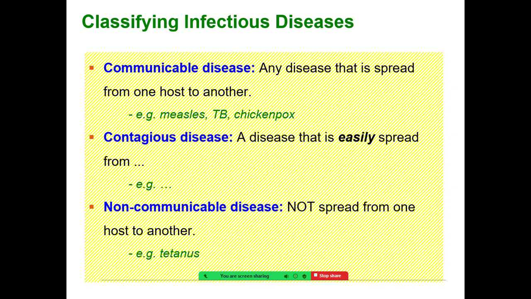Chickenpox spreads very easily. In fact, when I was young, even when I was a young adult, parents who had a child with chickenpox would tell their neighbors who had children, my son or daughter has chickenpox, I'm throwing a chickenpox party, and if you want your child to be exposed to chickenpox, send him over.